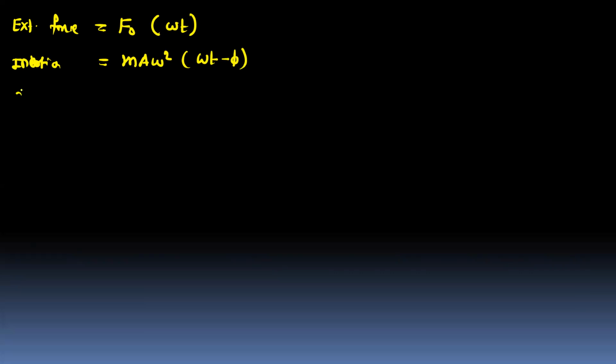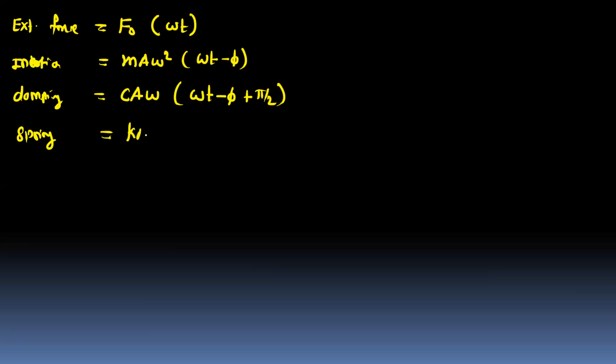Next is damping, c a omega, and its angle is omega t minus phi plus pi by 2. And last is the spring force, which is k a, and its angle is omega t minus phi. Okay.